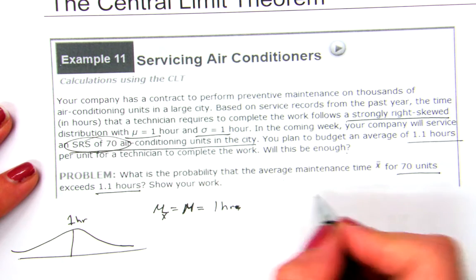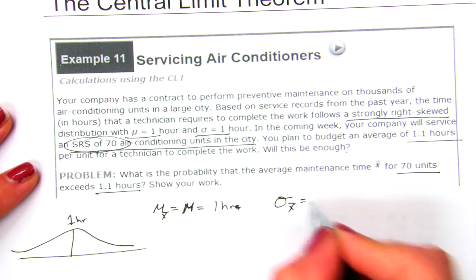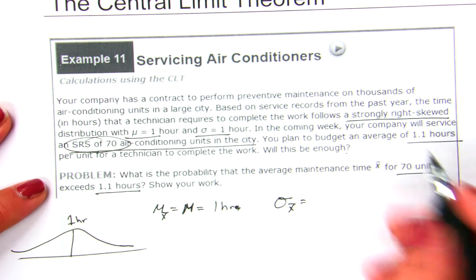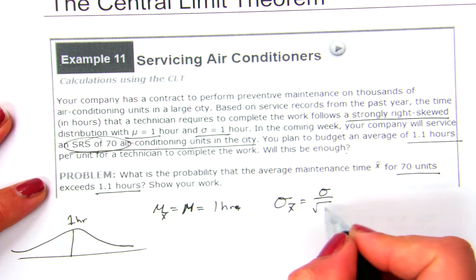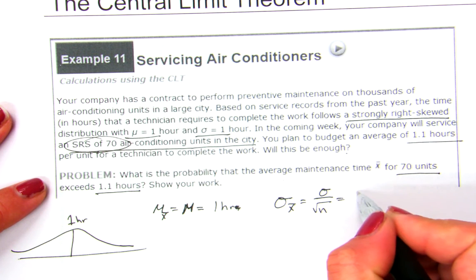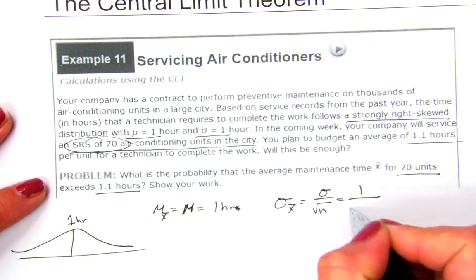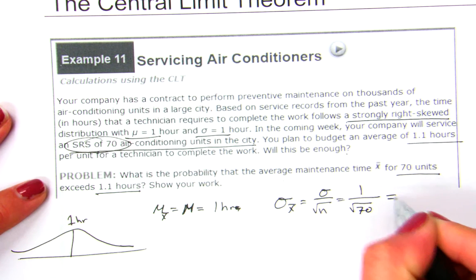And our standard deviation of x bar is going to be the standard deviation divided by the square root of n.